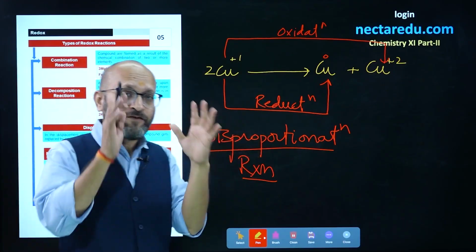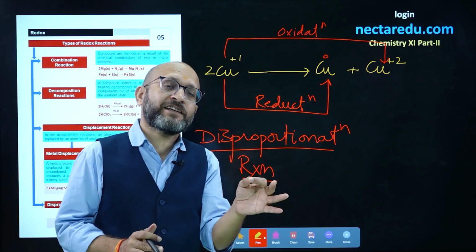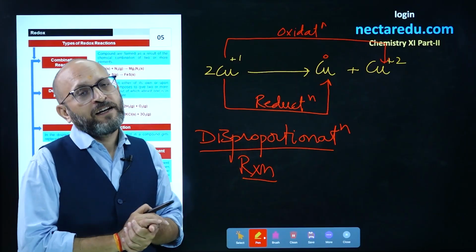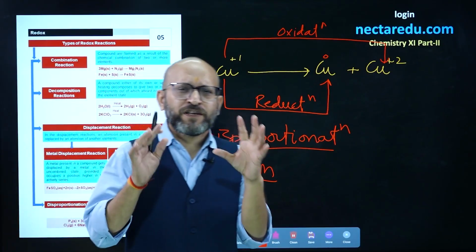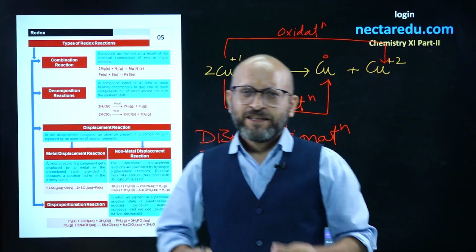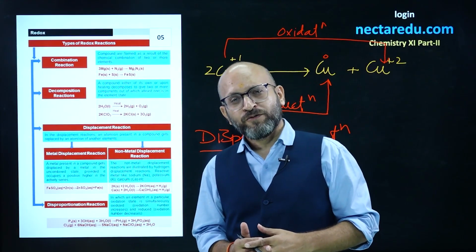Such reactions are one of the unique qualities which have been observed in redox reactions. So this is it for now. Thank you.